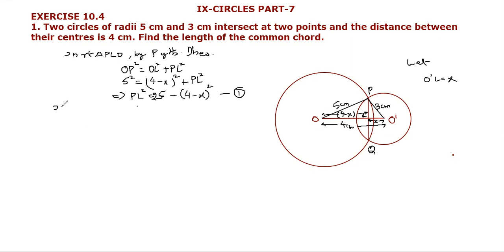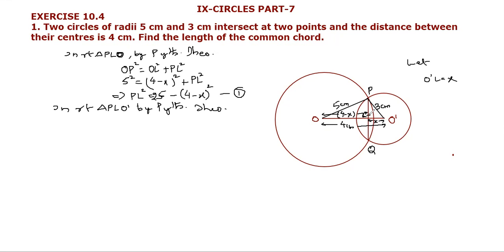And now on the right hand side you have another right triangle PLO dash. This is O and that is O dash. So in this triangle, again by Pythagoras theorem, what is the hypotenuse?